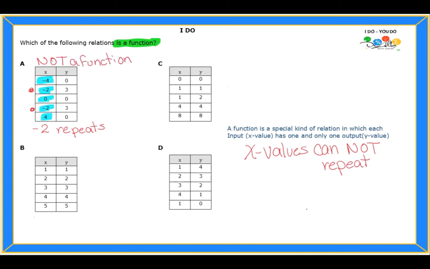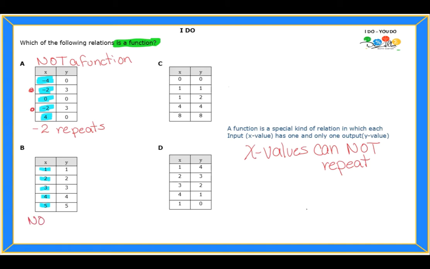Okay, let's check B. I'm gonna do the same thing. We're gonna highlight the x values, only the x values. Okay, and now I want you to see the numbers 1, 2, 3, 4, 5. Do you see any number that repeats? Any x value repeating?